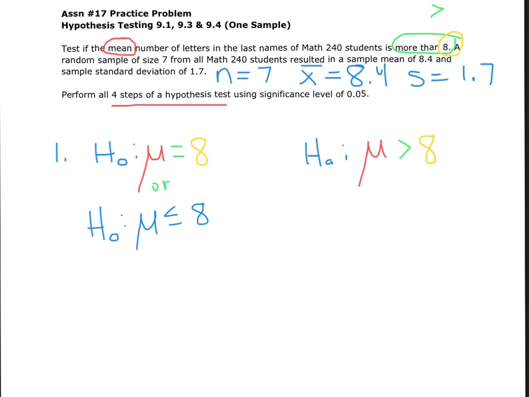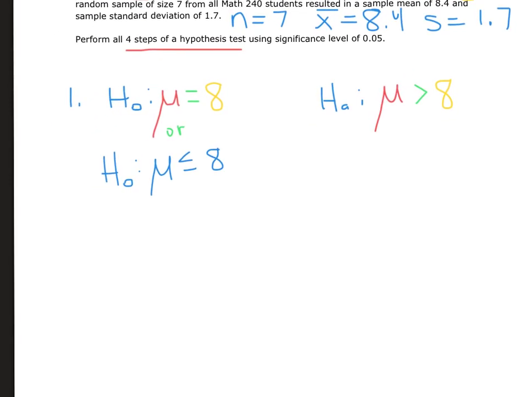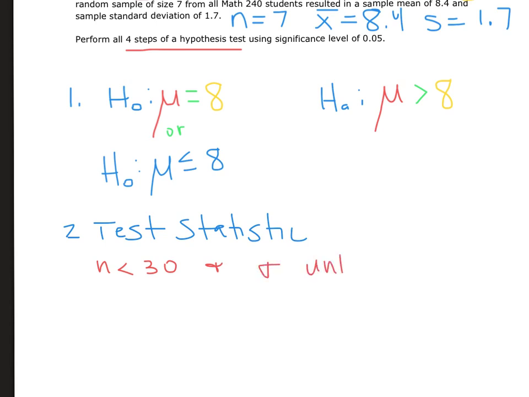Second step that we take in hypothesis testing is to determine the test statistic. So we have to figure out if it is going to be T or Z. Because we have n less than 30 and sigma is unknown, right?